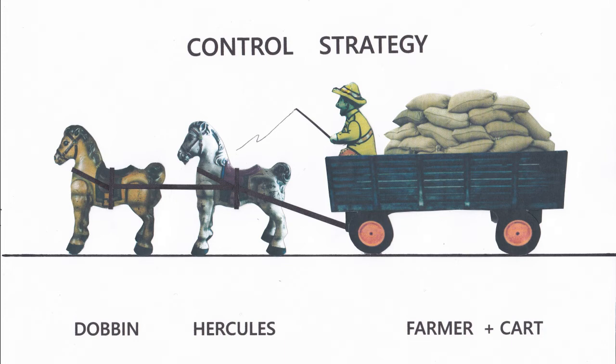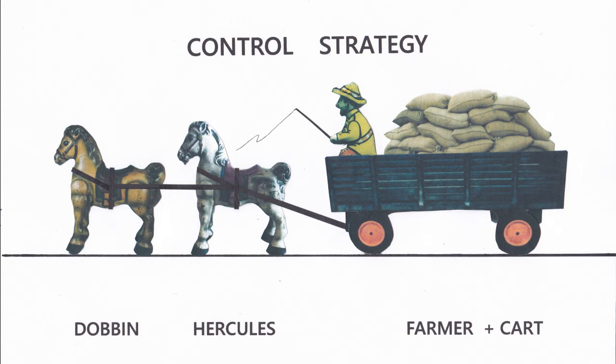The journey starts off as before and reaches the desired speed, but Dobbin, being an experienced and crafty horse, has realized that if he matches his speed exactly to that of Hercules, he needn't put in any effort at all. In fact, since he doesn't like Hercules very much, he could try to go a bit slower and make Hercules work harder to keep up the speed of the cart.